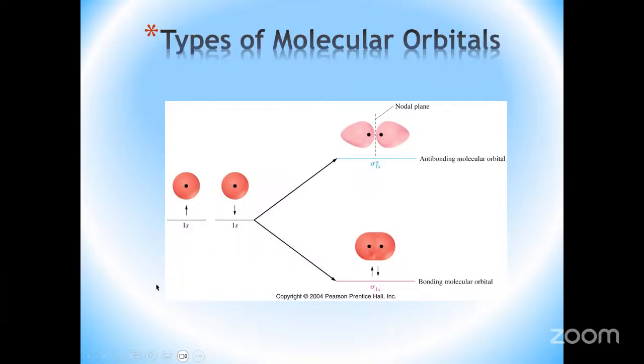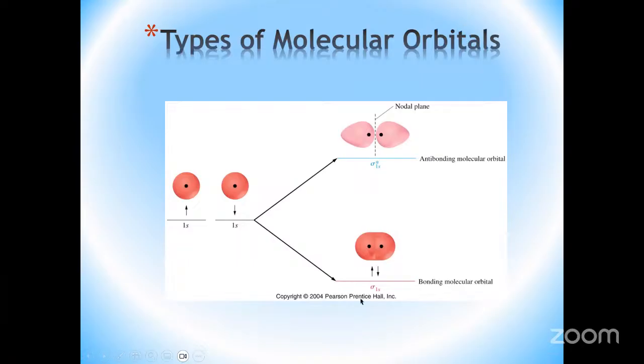And another thing I should mention is that if you remember in the previous chapter, we said that each atomic orbital can have no more than 2 electrons. Well, the same is true for molecular orbitals. Molecular orbitals cannot have more than 2 electrons in them. So these 2 electrons will go into the bonding molecular orbital here. And if you were to add another electron, then that electron will go into the antibonding molecular orbital.